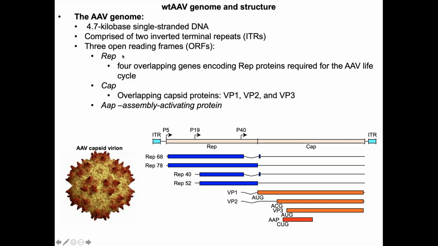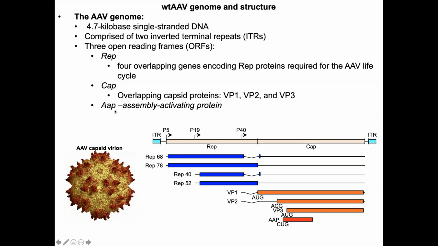So the genome itself consists of three main open reading frames. One is rep, which codes four overlapping genes, which encode for the replication proteins, which are involved with replicating its genome, as well as helicase-driven packaging of the genome into preformed capsids, which consist of three capsid proteins called VP1, VP2, and VP3.